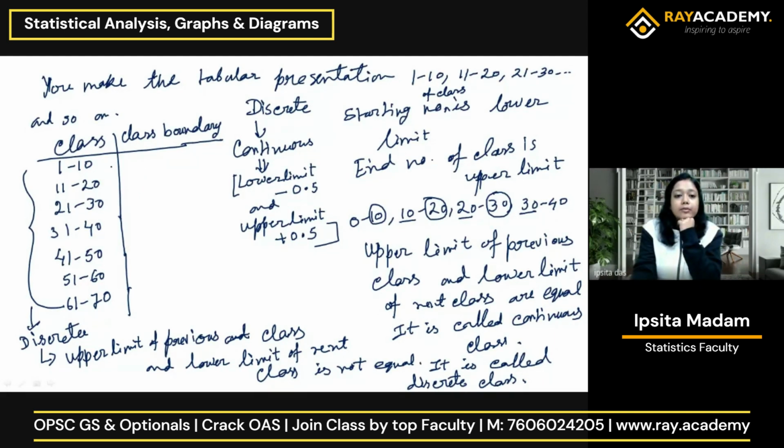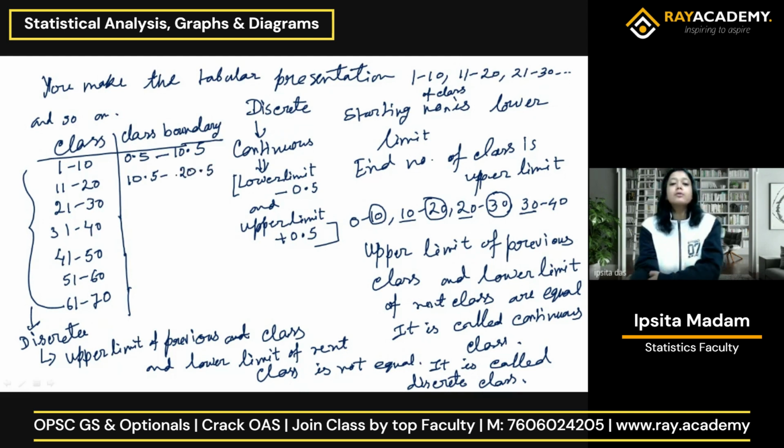So 1 to 10: lower limit minus 0.5, so it will be 0.5. Upper limit plus 0.5, that is 10.5. So 0.5 to 10.5. Next, 11 minus 0.5, so it will be 10.5, and upper limit plus 0.5, that is 20.5.